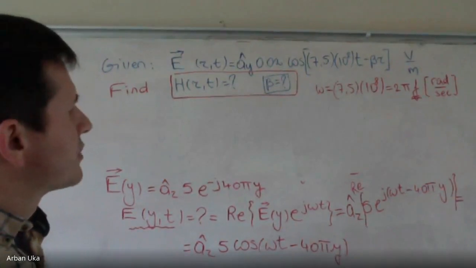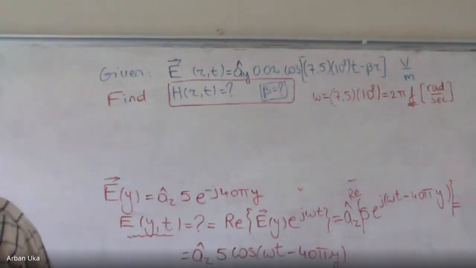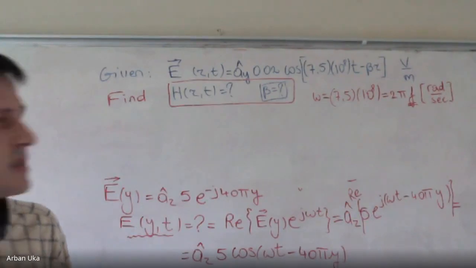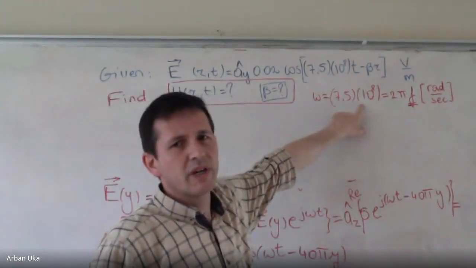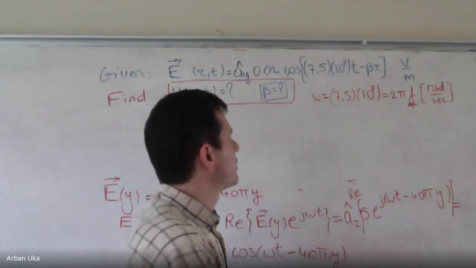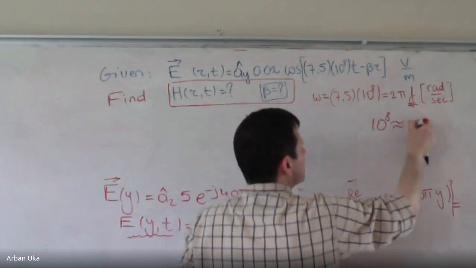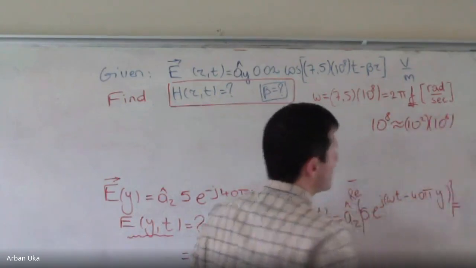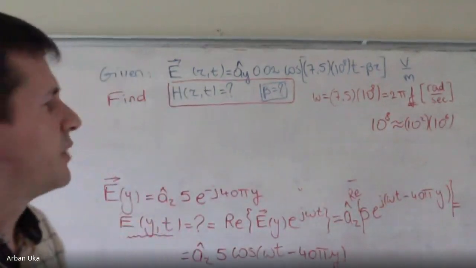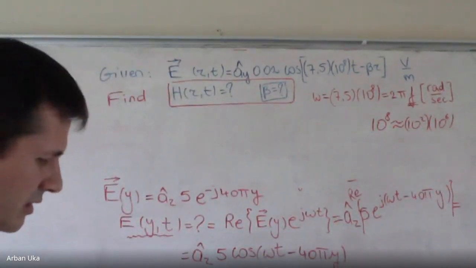It looks like the frequency is around 100 megahertz, because the frequency is in the order of 10 to the power 8, and 10 to the power 8 is approximately 10 squared times 10 to the power 6. 10 to the power 6 is a megahertz, so we are in the order of 100 to 200 megahertz. That's the frequency we are dealing with.